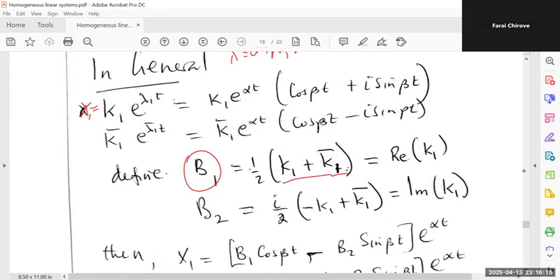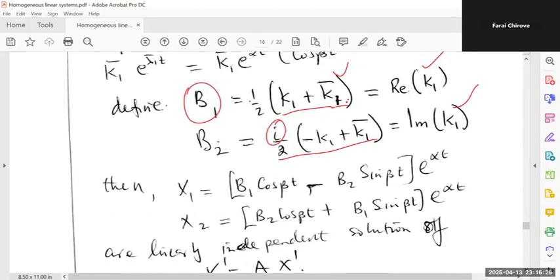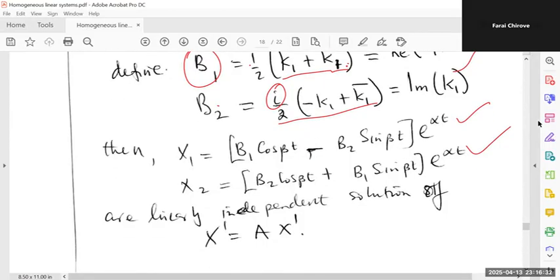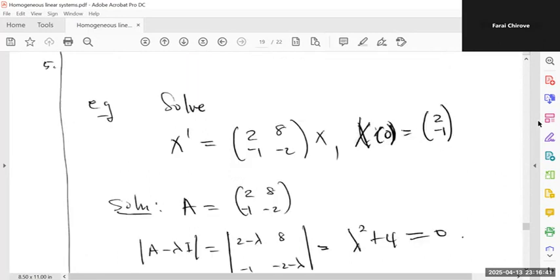In fact, if you do this, you get the real part of k1. And then b2, if it's defined by this, by the way, even if it is i here, it is real valued. It will give you the imaginary part of k1. And once you do that, the real valued solutions can be found. And they are linearly independent, actually, and they are solutions to this. Remember, this is not x prime, it's just x, the homogeneous solution.